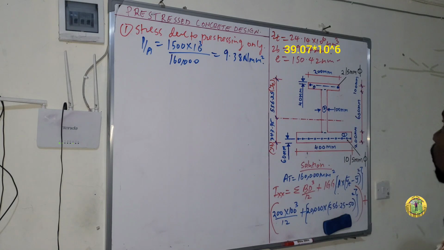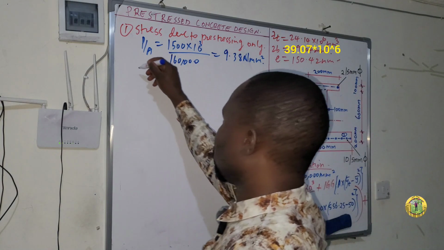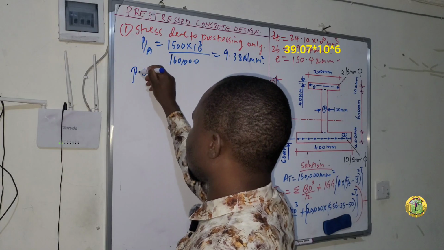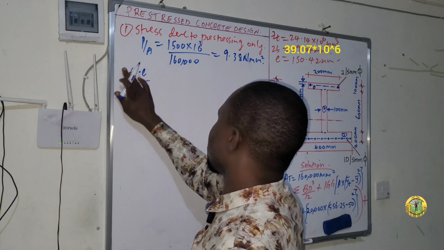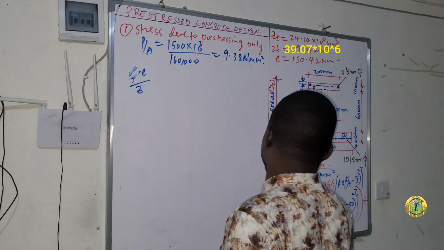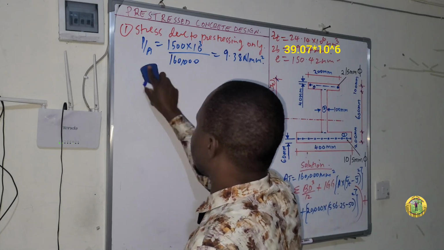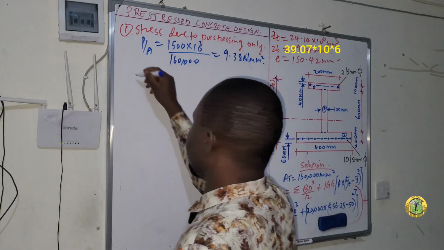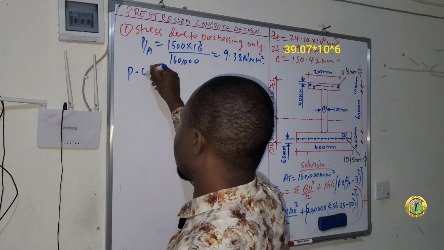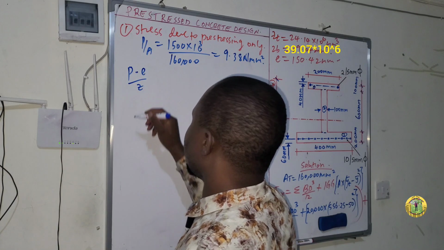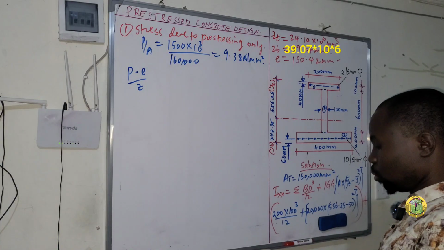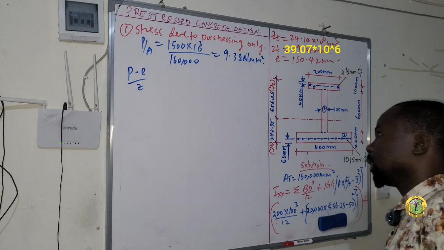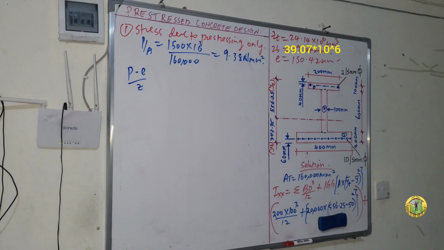And then again we'll calculate PE over Z. So for this, we will have PE over Z top and PE over Z bottom.